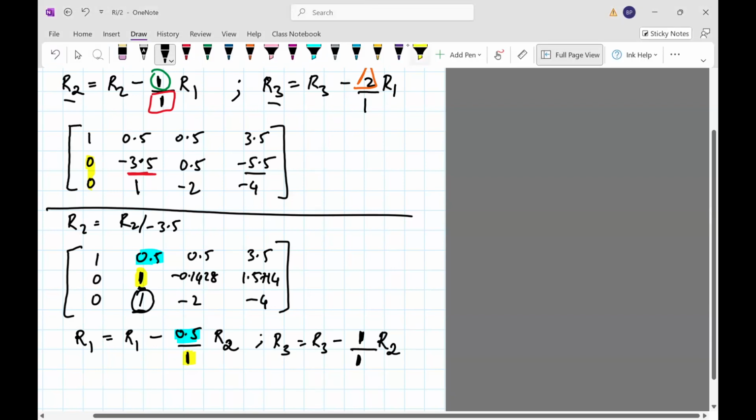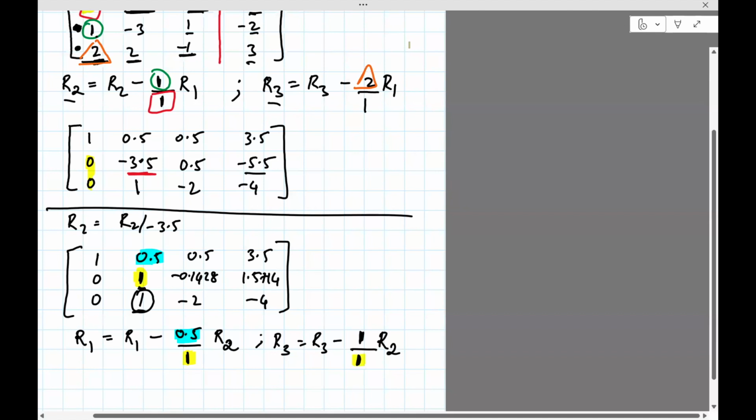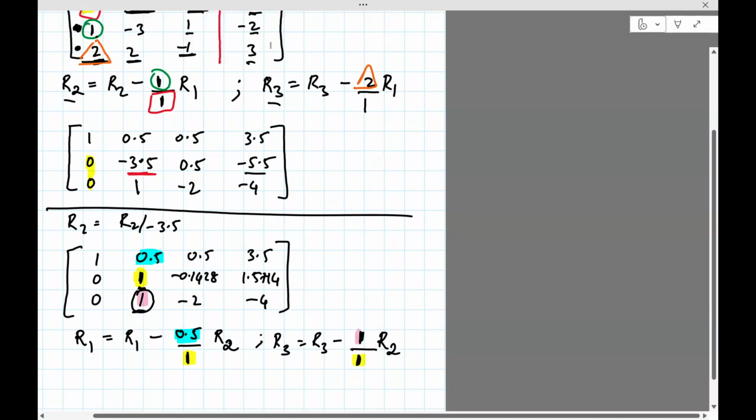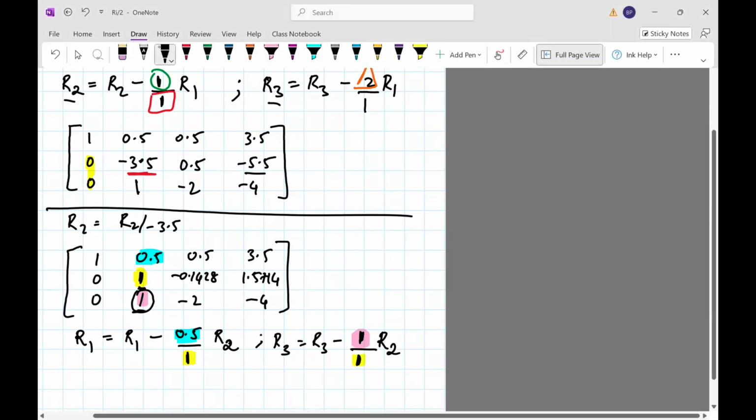So again, this is the same as here. This one went there. So if I do the same, what I wrote there, it will essentially reduce to 0.